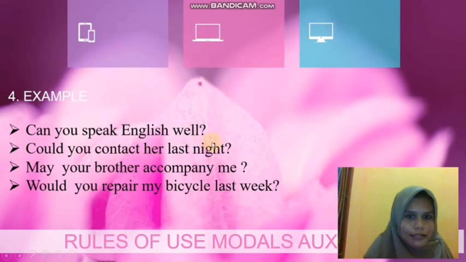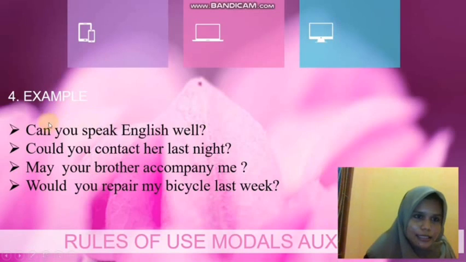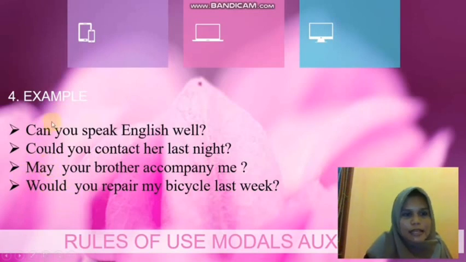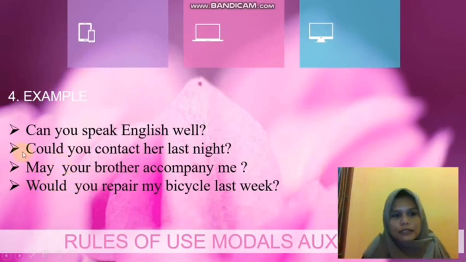"Could you contact her last night?" "May your brother accompany me?" and "Would you repair my bicycle last week?" You can see the modal in front of the sentence. The modals are can, could, may, and would. So these are formed in front of the sentence.